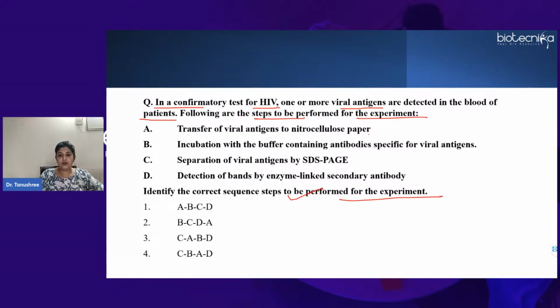Mainly, Western blotting is based on three principles. First is electrophoresis. Second is blotting. And third is the antigen-antibody reaction.